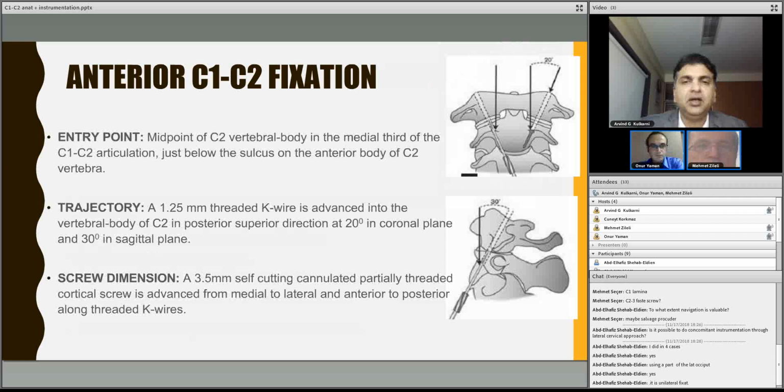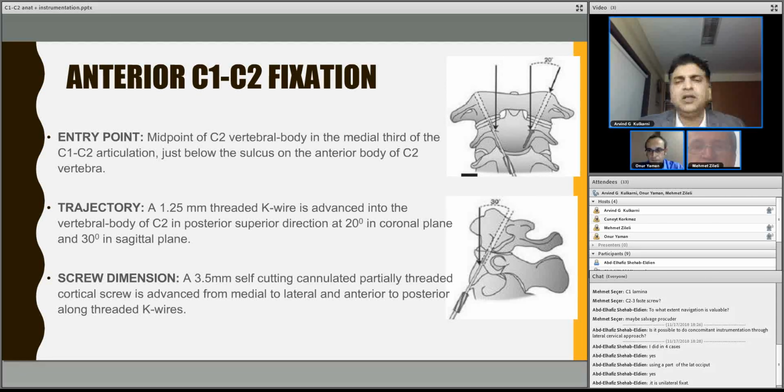So here the entry point is on the medial 1/3 of the C1-C2 articulation of the lateral mass, and the trajectory is about 20 degrees laterally in the coronal plane and about 30 degrees posteriorly in the sagittal plane.